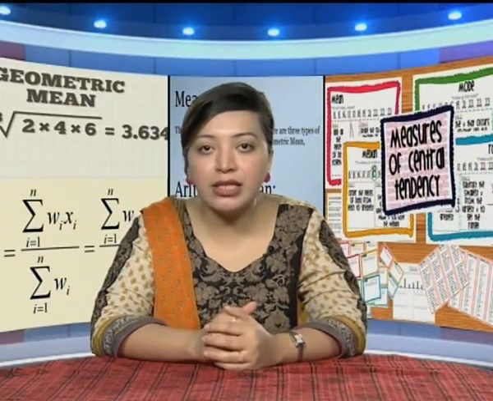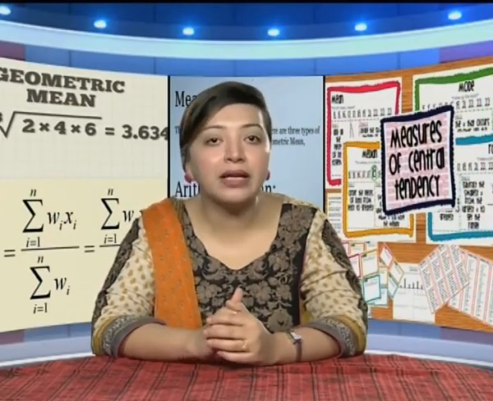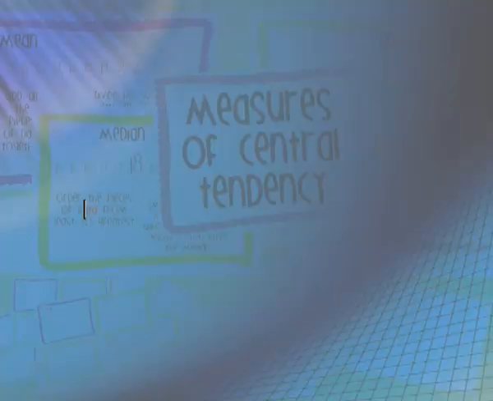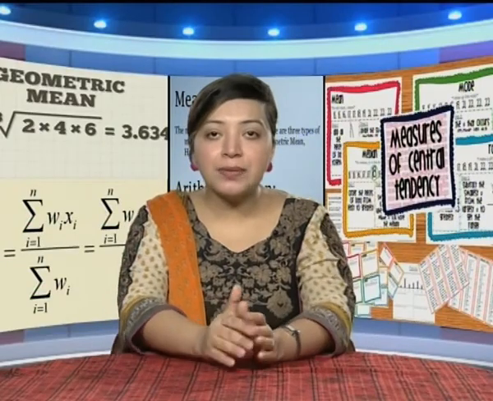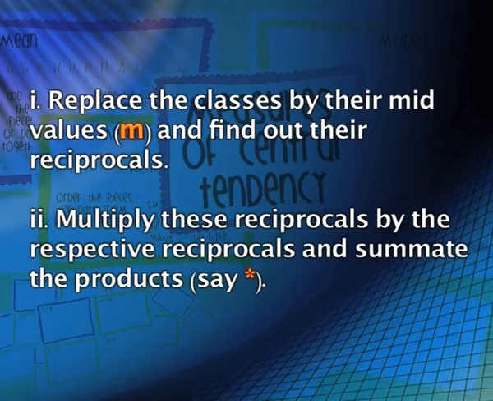In continuous series, harmonic mean is computed by applying the following formula. Harmonic mean is equal to capital N divided by sigma f times 1 by m. So this is equal to n divided by sigma f by m. The steps involved here are: first, replace the classes by their mid values m and find their reciprocals.